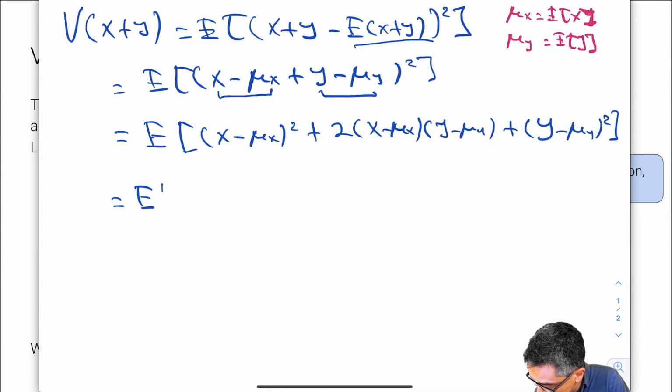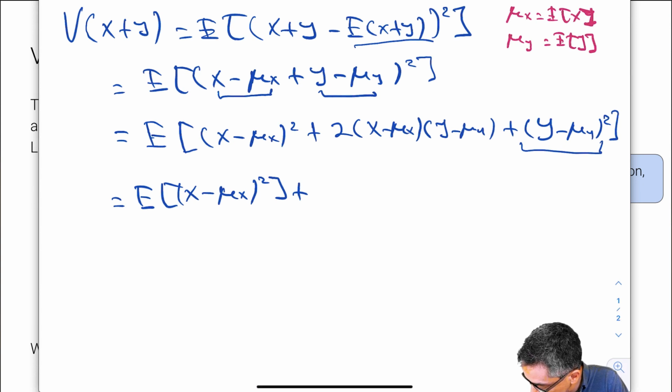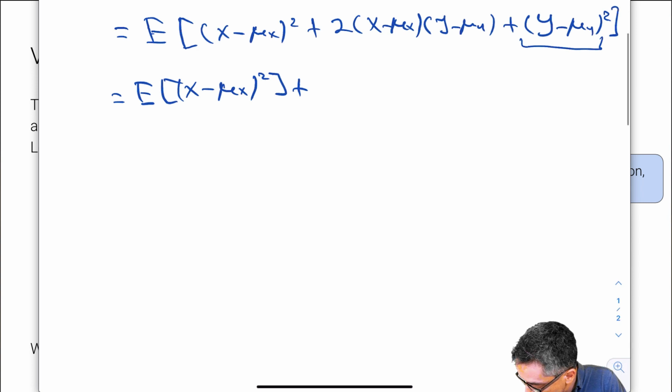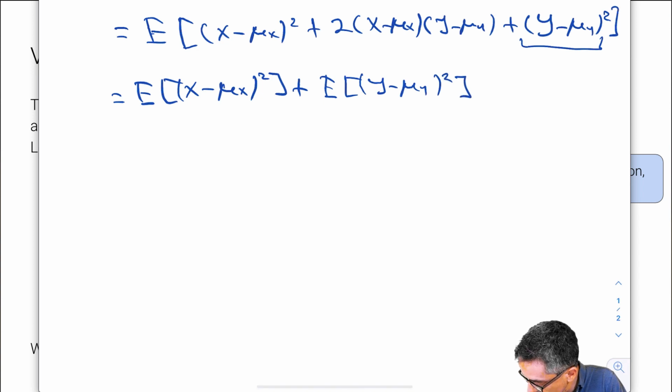This is the expectation of (x minus mu x) squared, plus, let me write this one second and leave this one third, reordering the expression, the expectation of (y minus mu y) squared, plus twice the expectation of (x minus mu x)(y minus mu y).